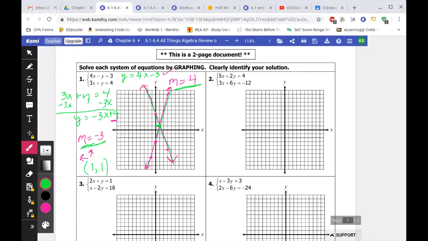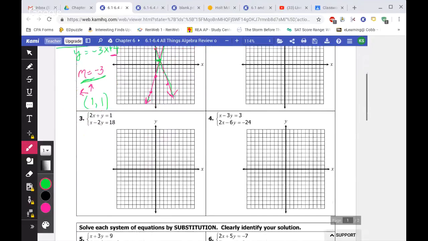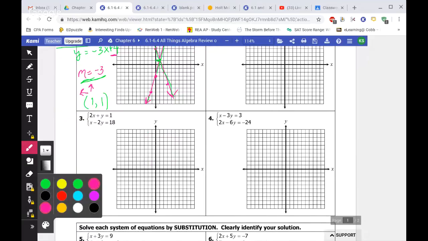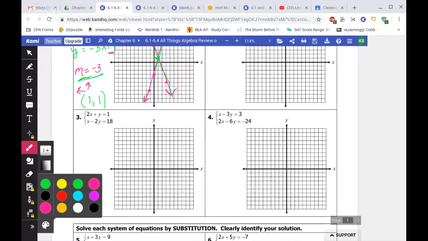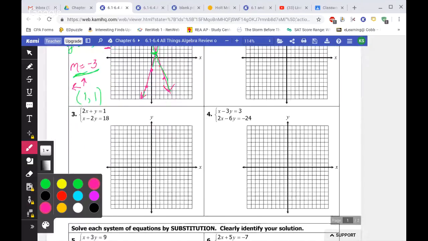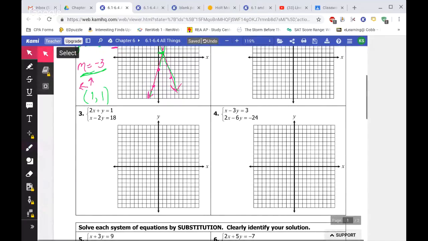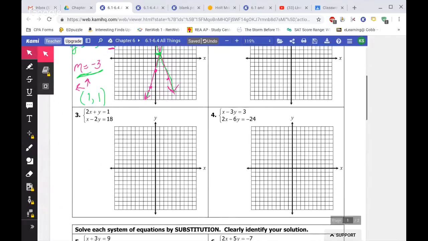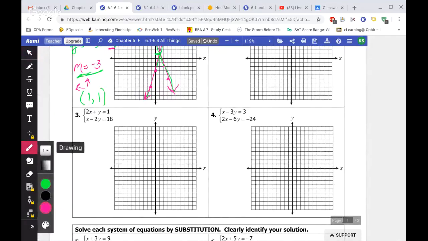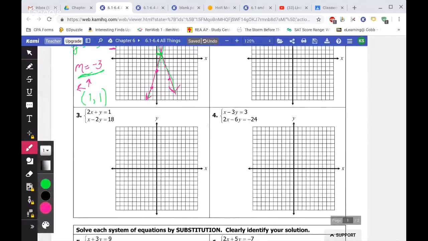Okay, let's do number 4. All right, so they have to be in slope-intercept form, and neither one is. So neither one is, so we're going to write x minus 3y equals 3.